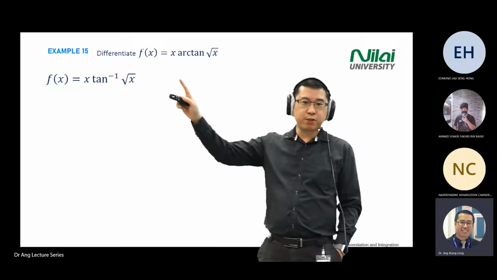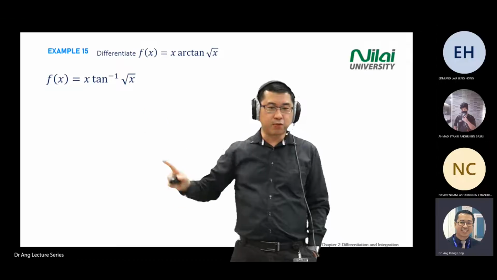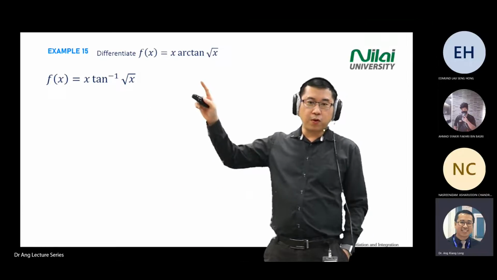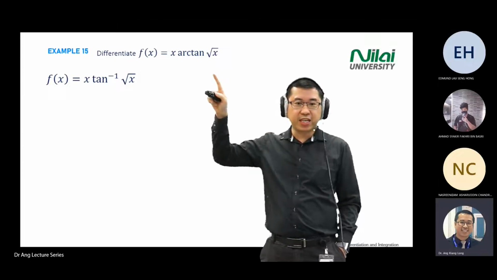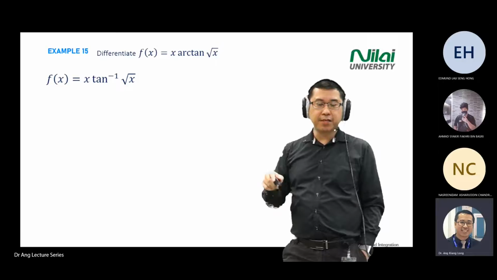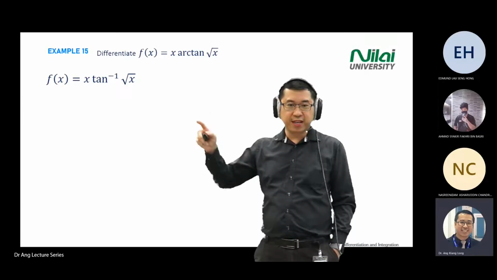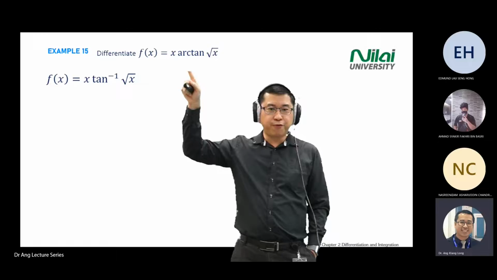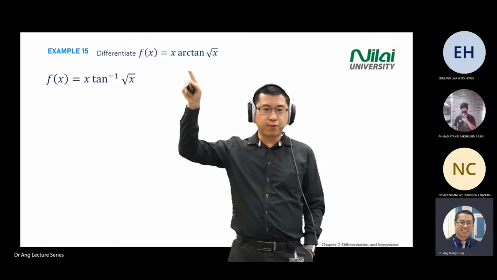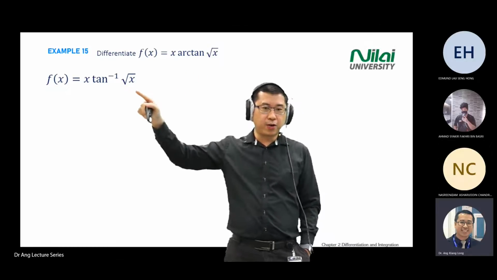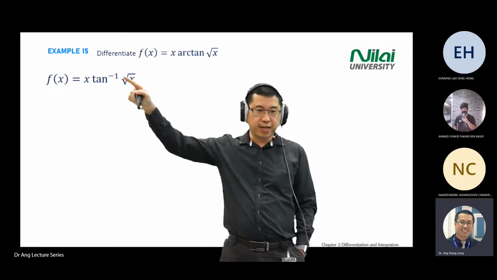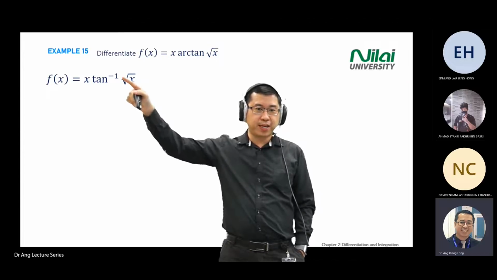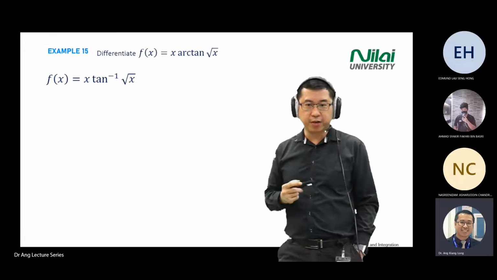Why sometimes do you see arctan, and why sometimes tangent minus 1? It is for the clarity of publication, because sometimes when you do printing, people understand better if you write arctan. In printing, sometimes the negative sign is very small, and the 1 is also very small, so during printing the negative 1 will not be printed on the paper.